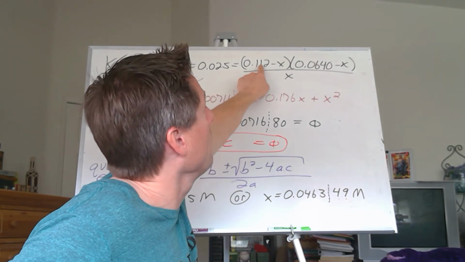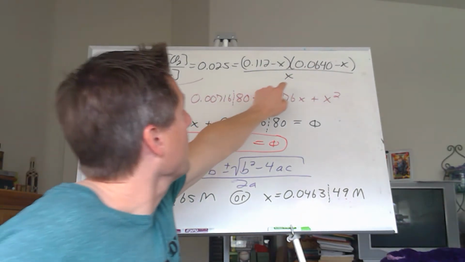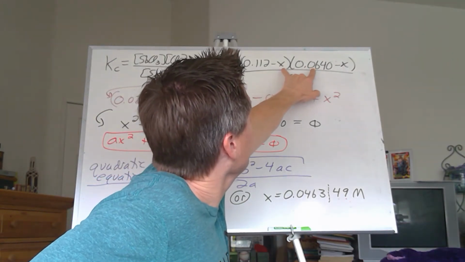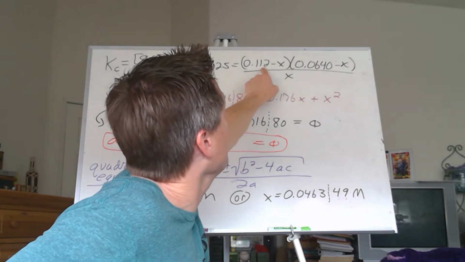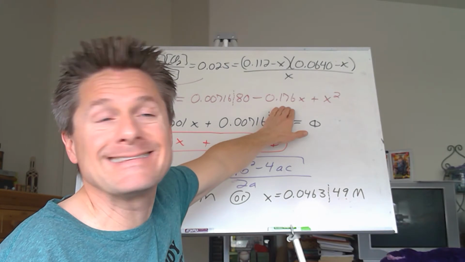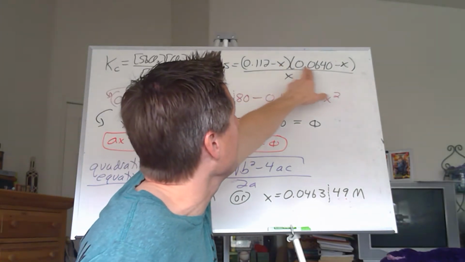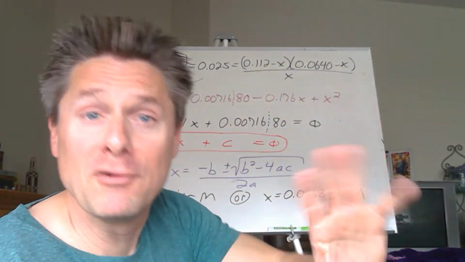So we're going to get the 0.112 times the 0.0640. That's where this number comes from. We're going to have this x term, 0.0640 times x here, negative, and we're also going to get the 0.112x negative. Add those together, and that's where the 0.176x comes from. And then we're going to have the negative x times the negative x, and that's where the x squared term comes from. So review your algebra if you need to.